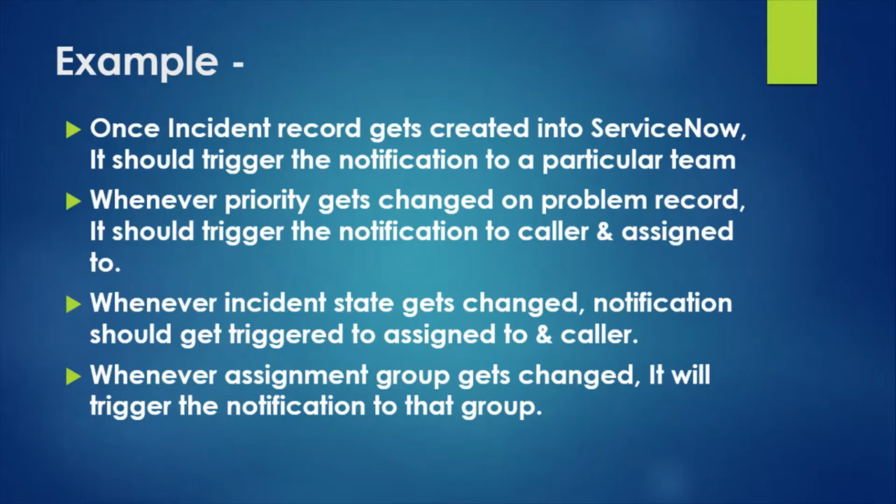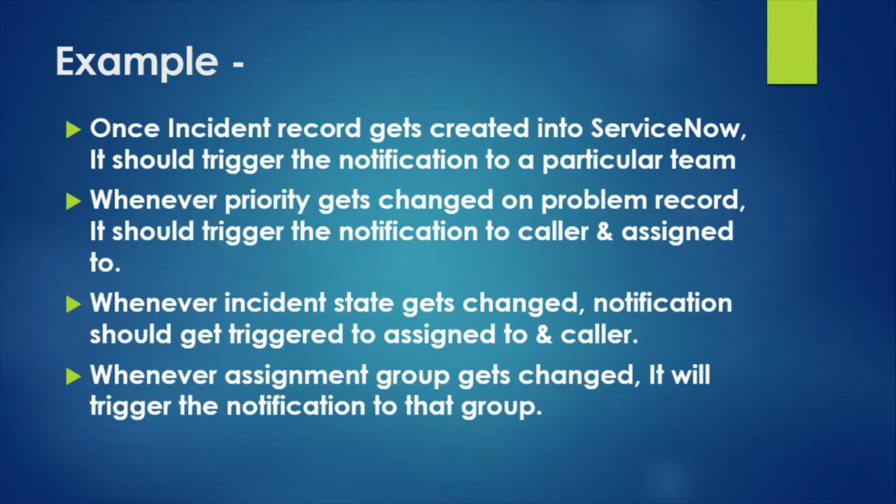Now we have to assign it and start working on this incident, right? So we can trigger the notification on the event of incident creation, so the concerned team can take care of it. We have some examples. First we'll implement the first example, and then we'll understand how we can implement the others.